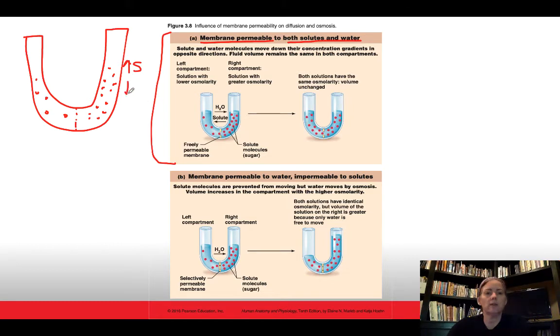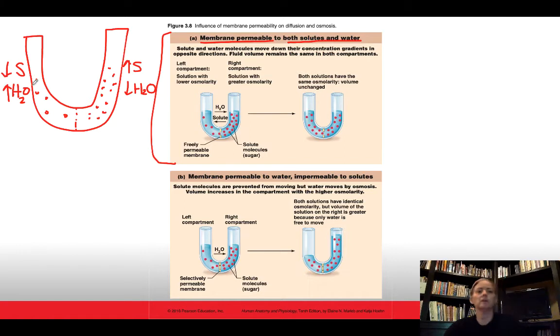And so on this side, we're going to have decreased water content. Okay, so as compared to the right side, we actually have decreased solute concentration. So decreased osmolarity on that side. And then we're going to have increased water content as a result.